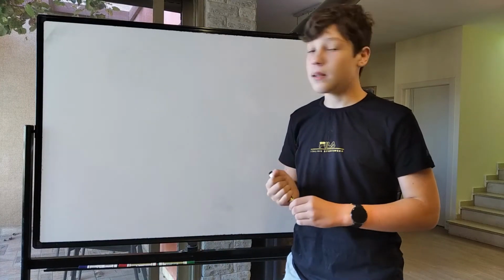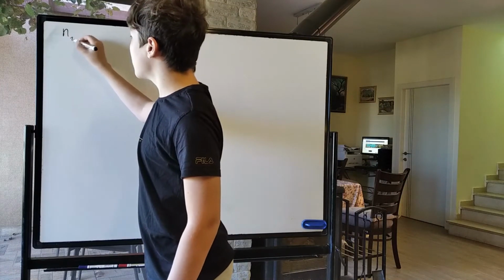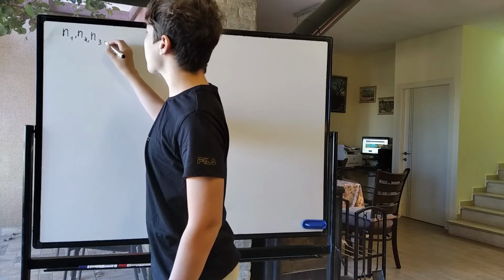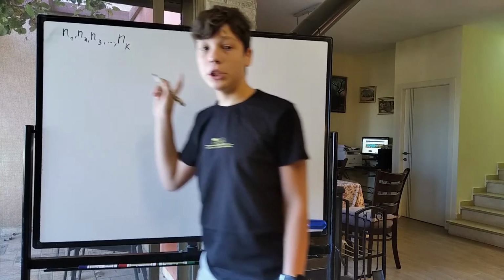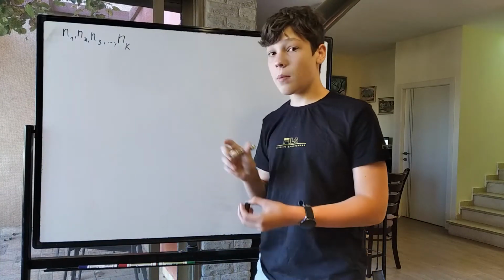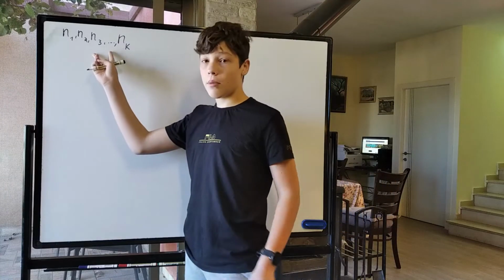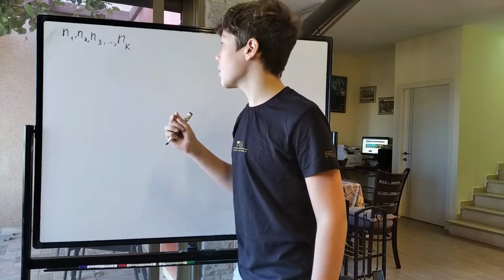So it says, if we have k numbers, n1, n2, n3, and so on until nk, which are coprime in couples, which basically means that if we take any two different numbers from this set, they will be coprime.